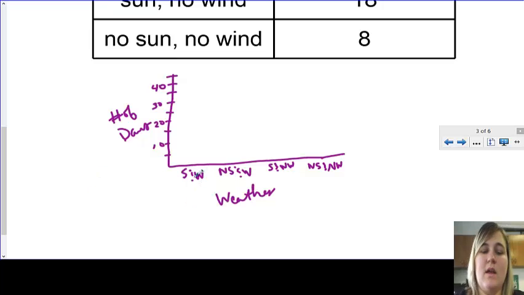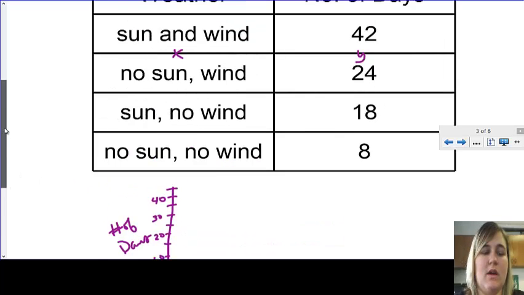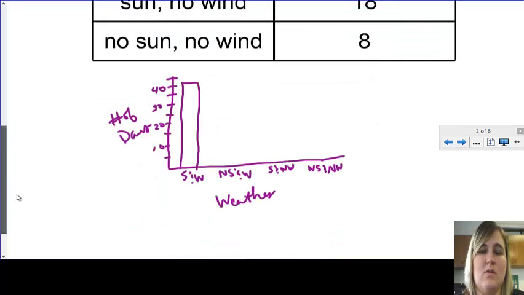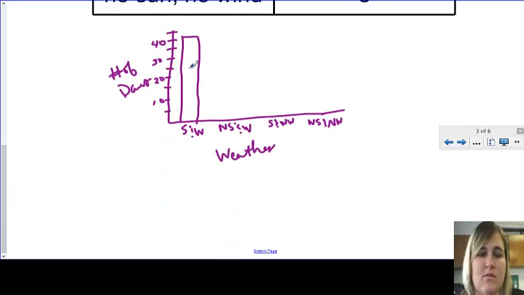So the number of days with sun and wind, the frequency that happened was 42 times. There are 42 days that this happened. It's going to be about there. Then the number of days that there was no sun and wind was 24. So it's going to be right under that 25 marker. So I'm going to go down just a little.